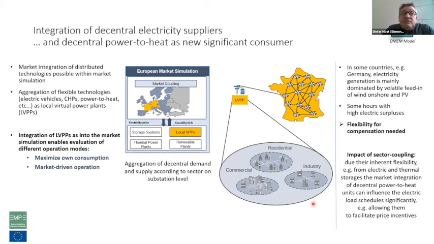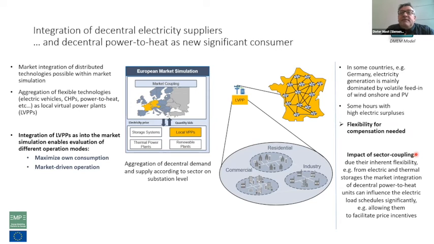We can maximize the own consumption and the market-driven operation. Then we can run a market-driven model with it and check for grid congestion, all these things we would usually have to do to check if we can really operate this energy system with our electricity grid, for example.